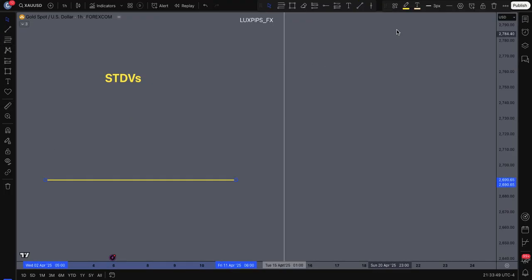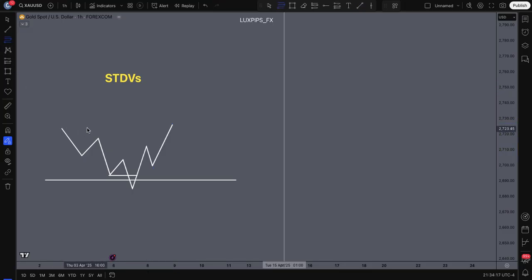So we have a POI right here, right? Say price coming down. This is your manipulation leg. It's crashing through this low, coming into the POI. Price comes up, creates CISD, retraces, and goes up.